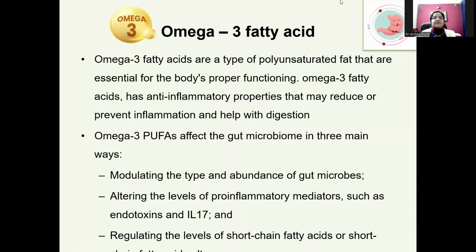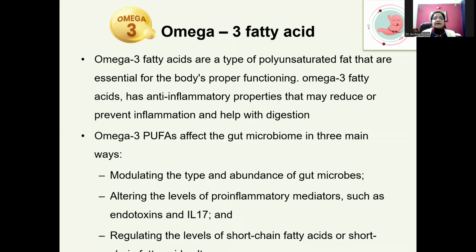Omega-3 fatty acid is very important in many ways for different organs as well as for the digestive organs also. This acid is a type of polyunsaturated fat that is essential for the body's proper functioning. Omega-3 fatty acids have anti-inflammatory properties that may reduce or prevent inflammation and help with digestion.